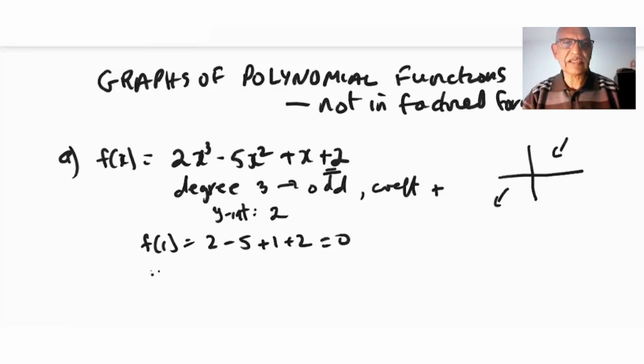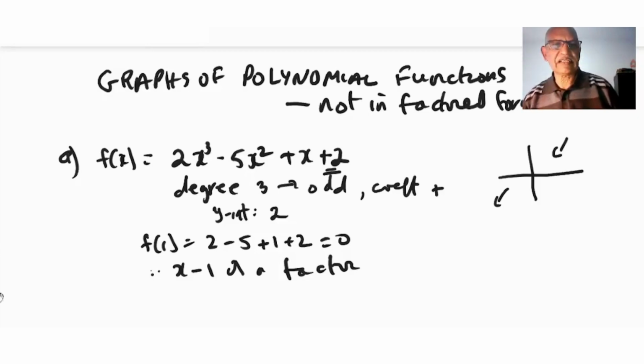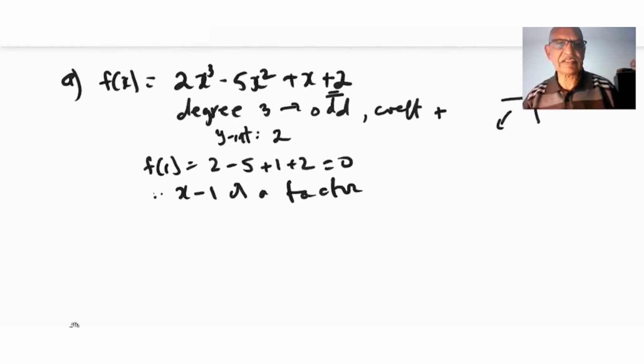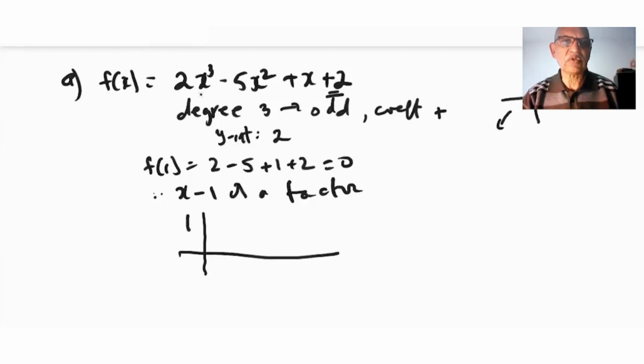Therefore, x minus 1 is a factor. Once I have x minus 1 as a factor, I do synthetic division. In synthetic division, I use 1, and I use the coefficients 2, minus 5, 1, and 2.